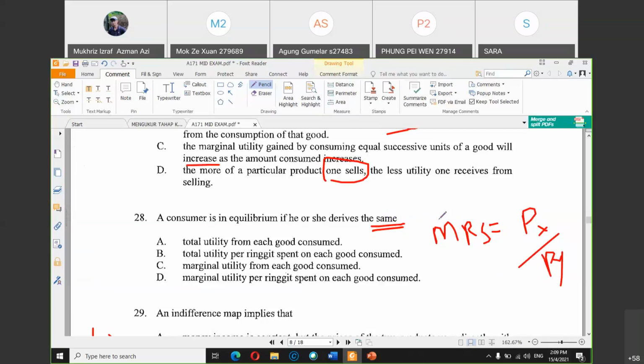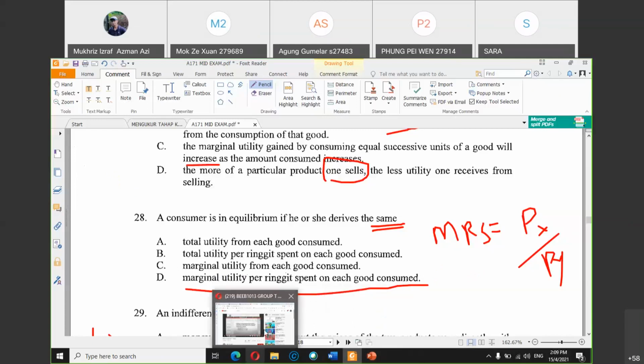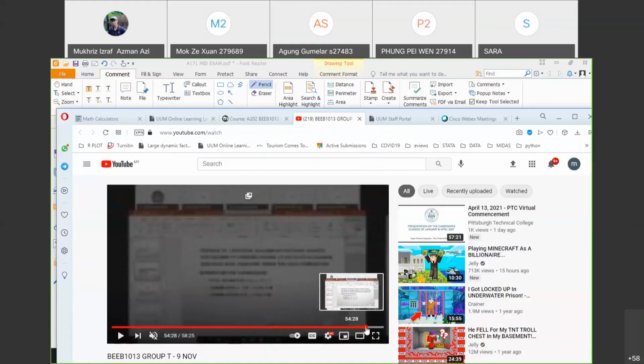The marginal utility per ringgit spent on each of the goods consumed is the same. What does that mean? If you look at the video that I linked yesterday, you can see the part which I drew.